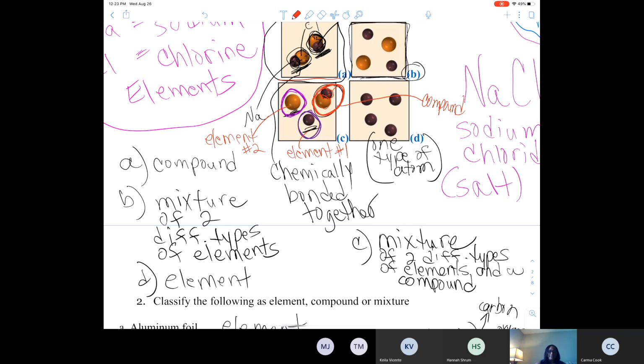So within our container, we have 2 different elements and 1 compound. That makes this a mixture. It is a mixture of 2 different types of elements and a compound. Does that make sense now, Hannah?